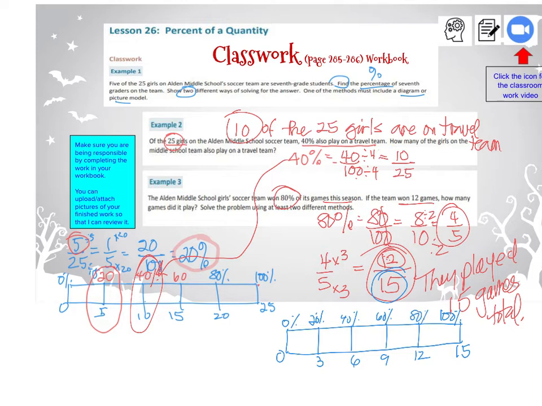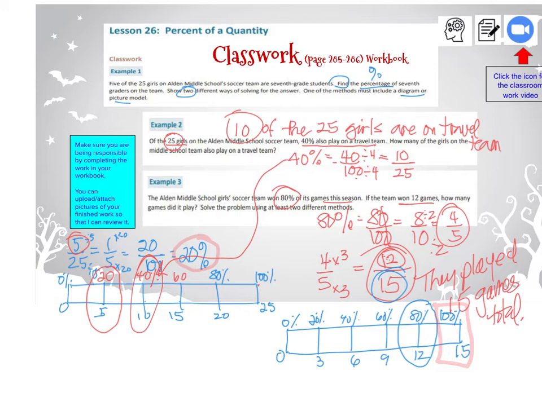That's similar to the first one I drew. Okay, now what I'm going to do is I had 12 out of 15. So total games, here's my 12 games was 80%, but what they wanted me to show was this part here. 100% equals 15 total games possible.